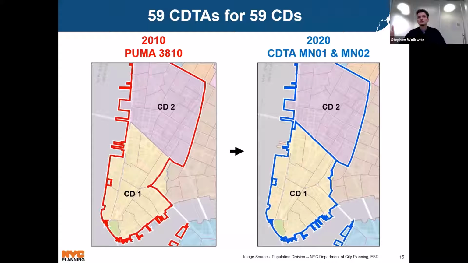And as you see, we also buffed out the boundary there for CD1 towards Chinatown to create a better match for both of these CDs. And now when you want to pull ACS data, if you turn to a CDTA, you can really get distinct ACS data for CD1 and CD2, which for the Puma, we're pulling data for both together.